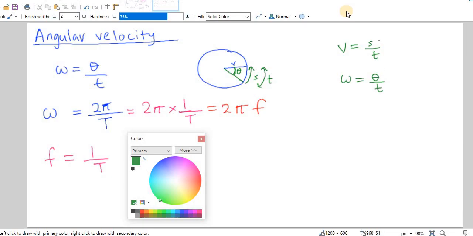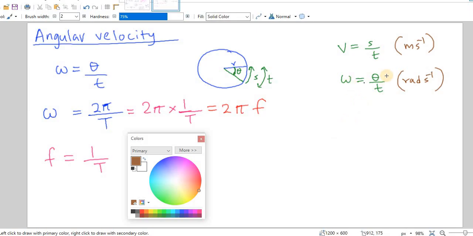Now this, you know, is in meters, so here the unit will be meters per second. If you look at the units, here the unit is meters per second, and this unit will be radians per second. Maybe I'll use brackets here to show that is the unit, so don't confuse the two.